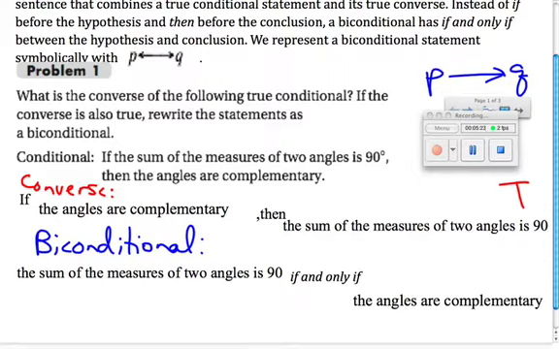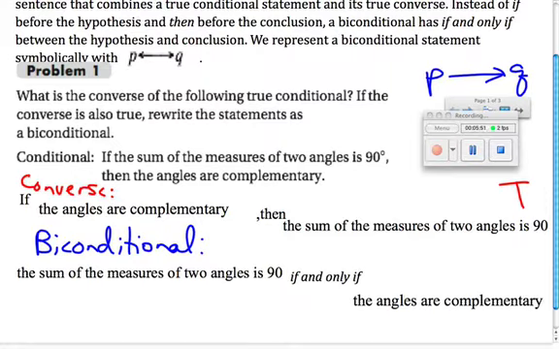Could they throw a sentence that has an if and only if in it and ask you if it is a true biconditional? I suppose they could, in which case you would be asking yourself, is the statement reversible? I'm not sure I've answered your question. So basically, if we're writing a biconditional, it better be true, yes. But if they're asking us if it is, then it could be not. Yeah, that's kind of tricky. Okay.